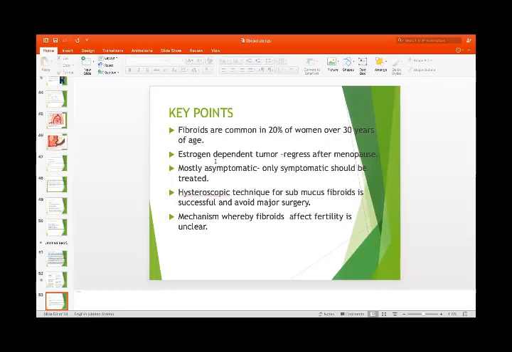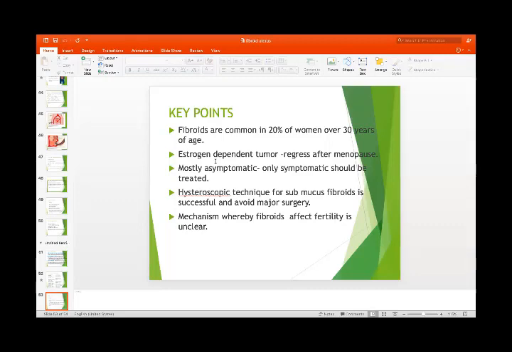So in this technique, we introduce polyvinyl gel particles through a catheter into the femoral artery, and these polyvinyl gel particles are injected, they will go to the uterine artery, block the artery, and it will cause necrosis, reduce the size of the fibroid, and also decrease the vascularity of the fibroid.